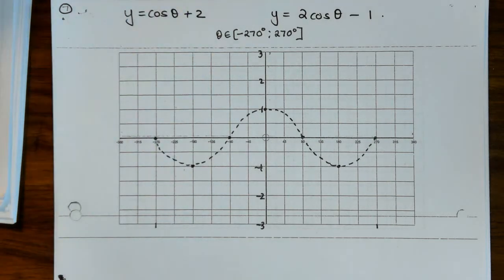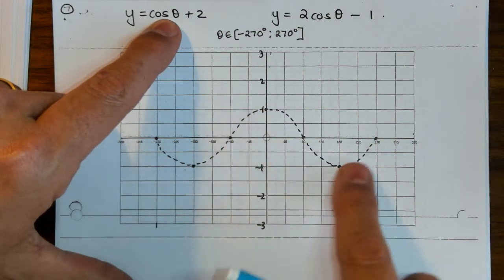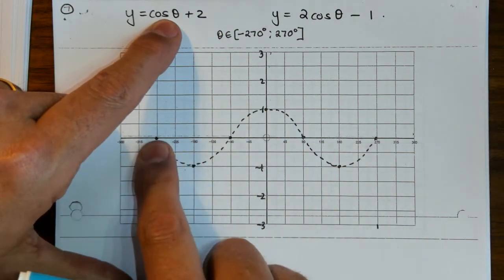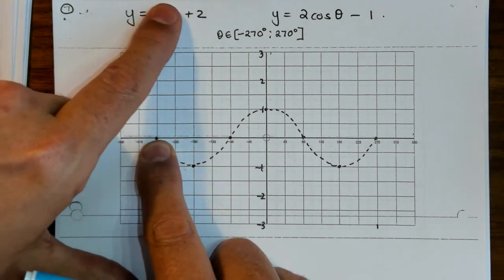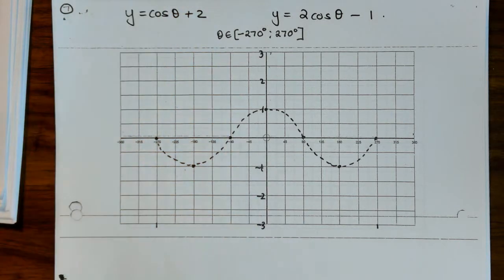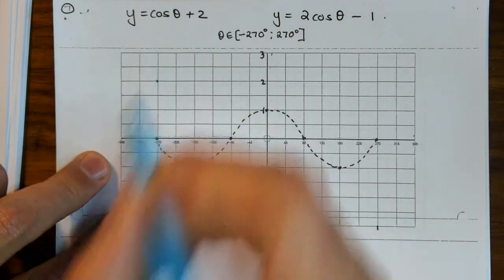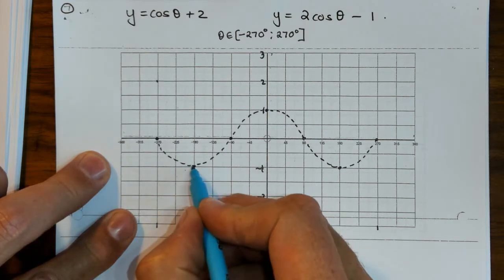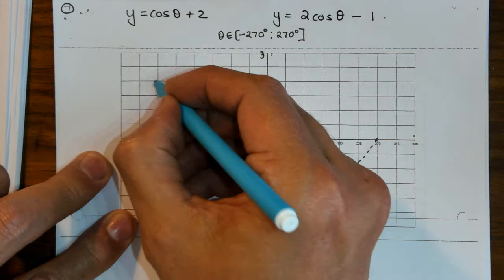Okay, let's see what you've done. You've got the cosine of theta in a dotted line. What do we do now? We add 2 to all the y values of this cos theta. There the y value is 0, so we go up 2. Here the y value is minus 1, plus 2 would bring it to the positive 1.